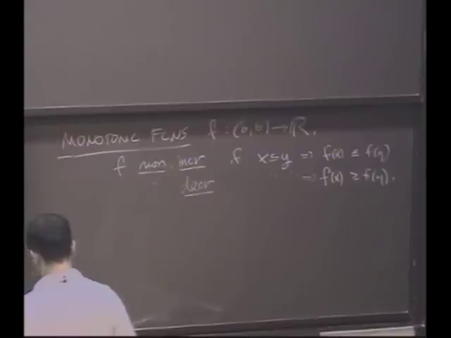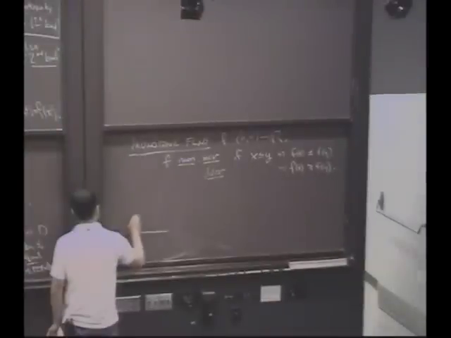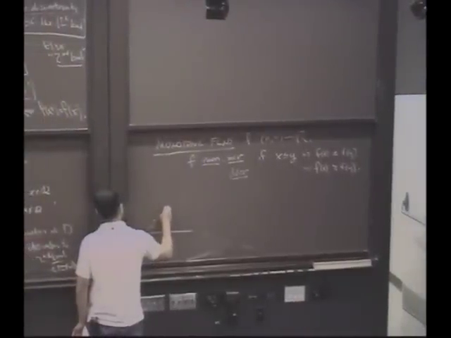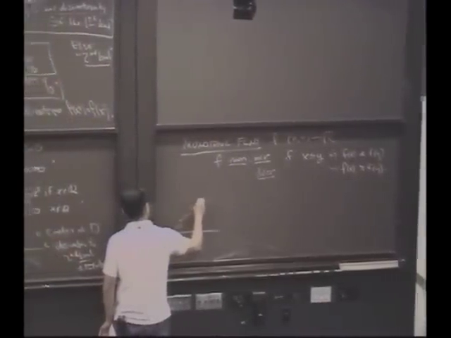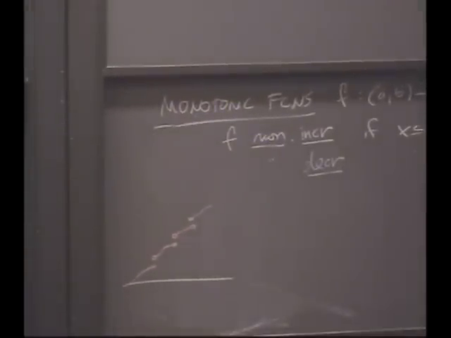So let's see. What can we say about monotonic functions? Well, here's an example. Suppose I have, let's give an example of a monotonic function. Here's one. Certainly that's monotonic, yes? Okay.